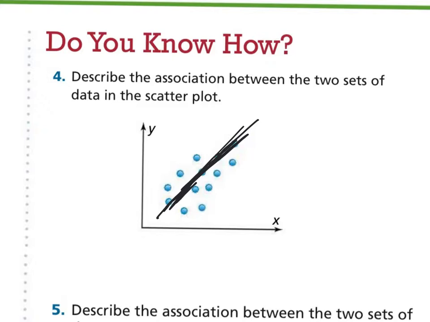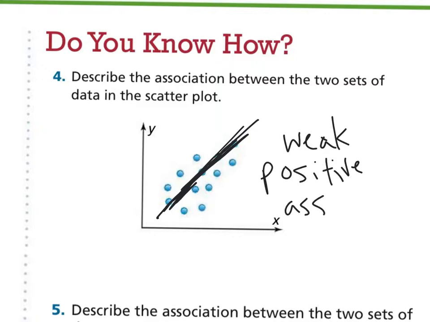That has a positive slope, so that would be a positive relationship. The points aren't super close to that line, so we could call that a weak positive association. Weak positive.